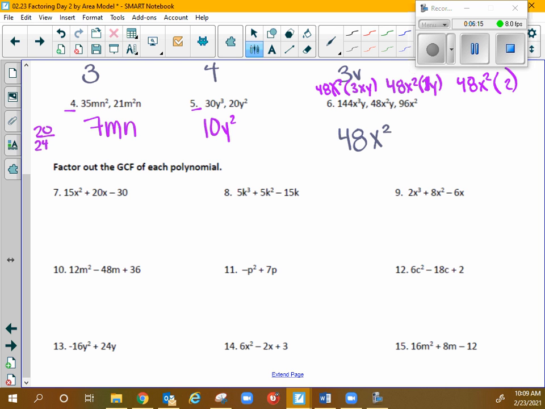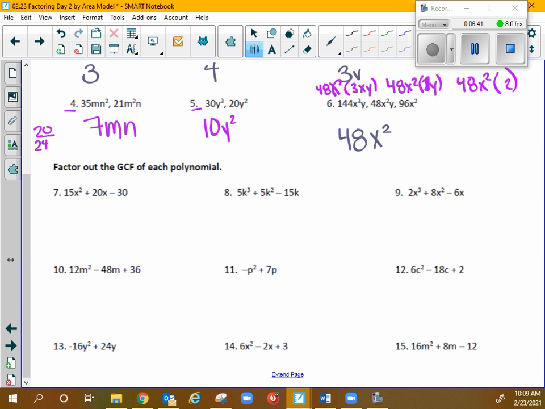So if I look at 15x squared, 20x, and negative 30, the first thing, can I pull a variable from that? 30 is negative, and 30 doesn't have a variable. There is not a variable on everything to pull. Right? X squared, x, and no x at all. So you can't pull a variable. So you look at the coefficients, 15, 20, and 30.